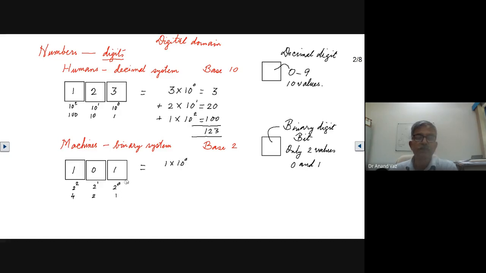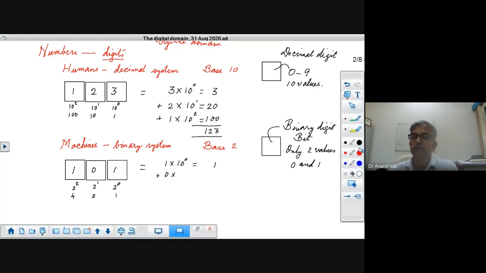That's corresponding to the weightage of this. That is equal to 1, plus we have 0 here, so 0 into its weightage, 2 raised to 1. Sorry, I suppose you all are not paying attention.